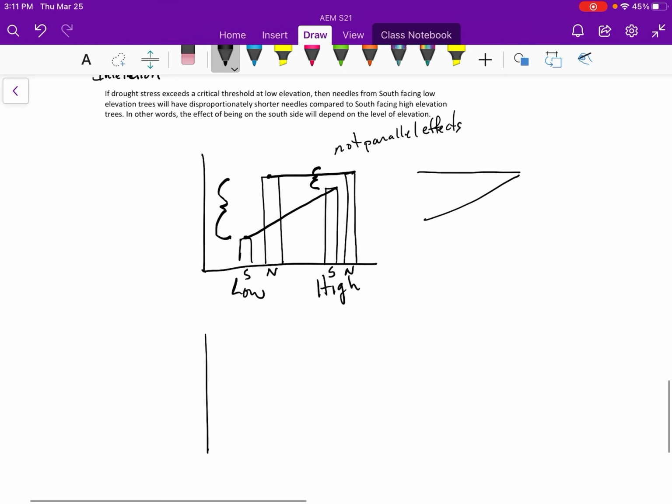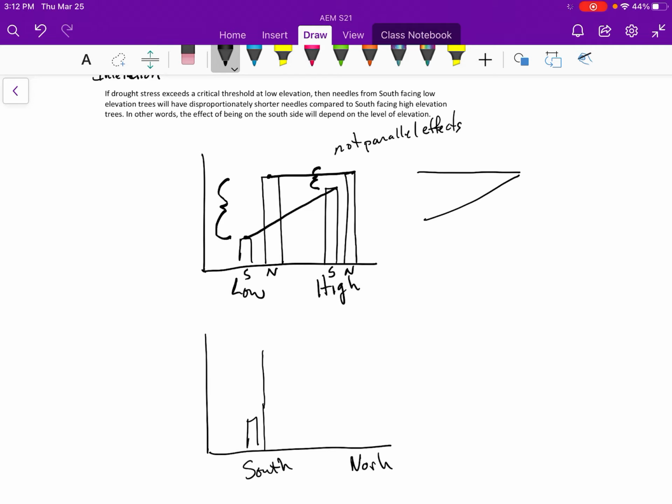I know at some point this just becomes shenanigans, right? So let's try it that way, where I put south on this side, and I put north on this side. And now on the south side of the tree, I'm going to see that at low elevation, I have a really negative effect. But at high elevation, I have... Oh, this is harder to draw.